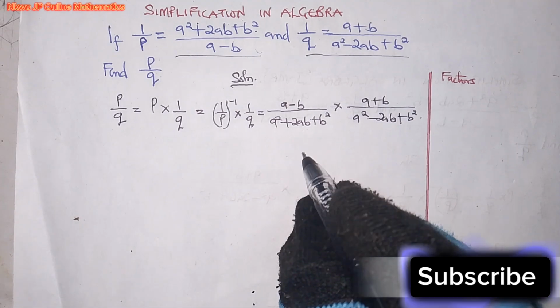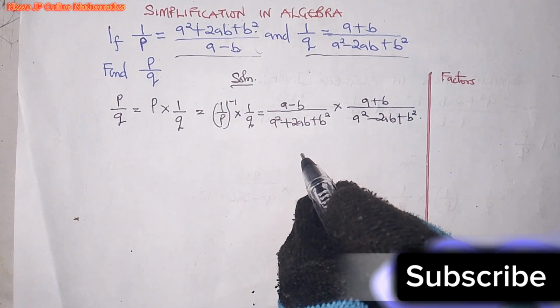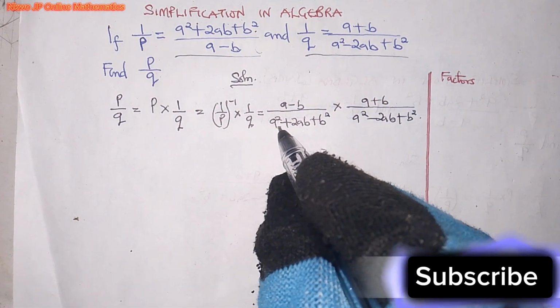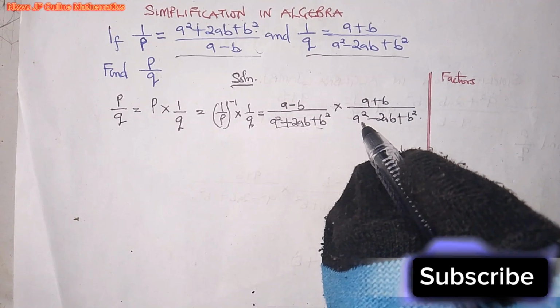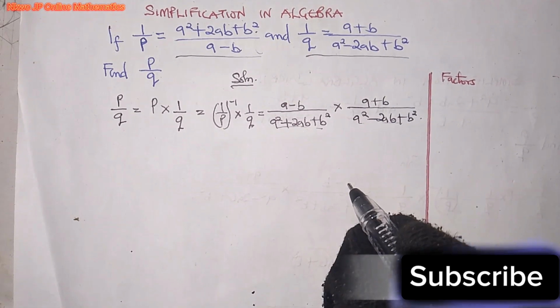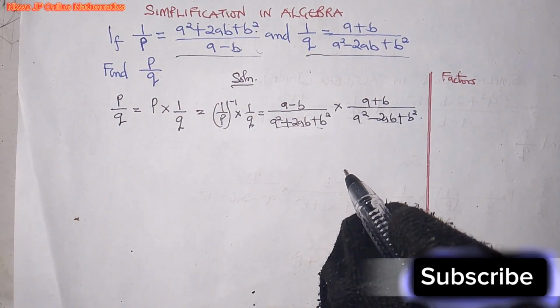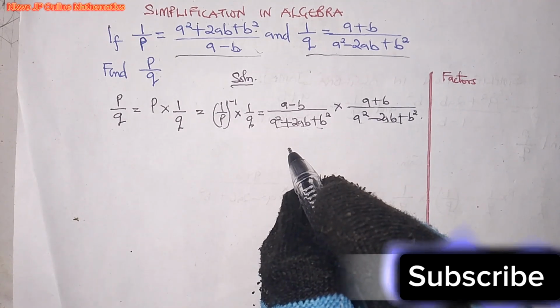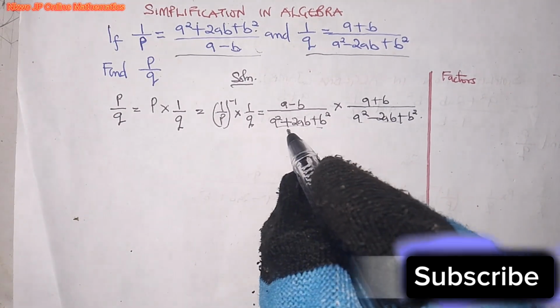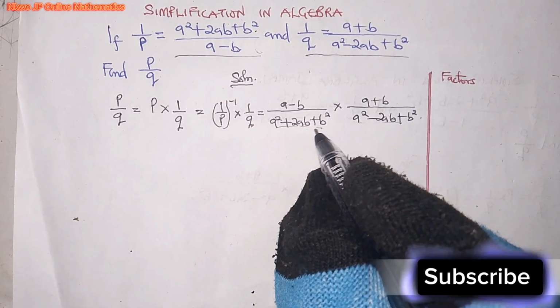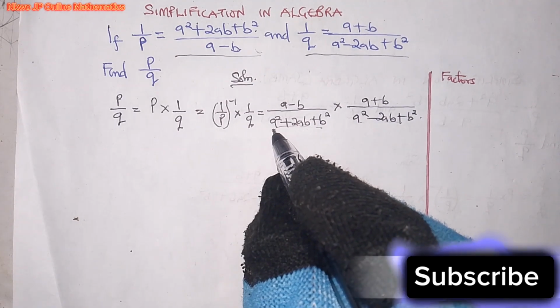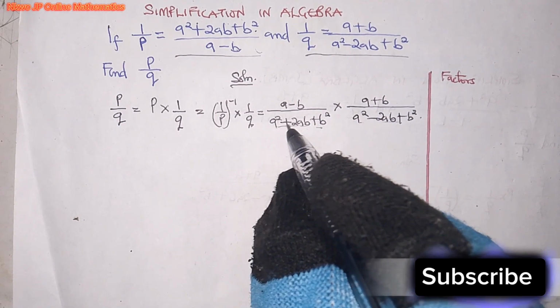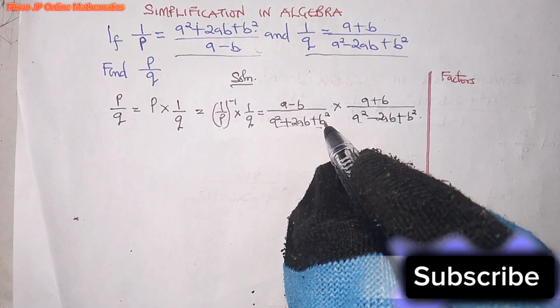So if we continue, we have to simplify the quadratic expressions, which are the denominators of each fraction multiplying each other. So for this first fraction here, we see the quadratic expression here, so we have to multiply the first term by the last term.